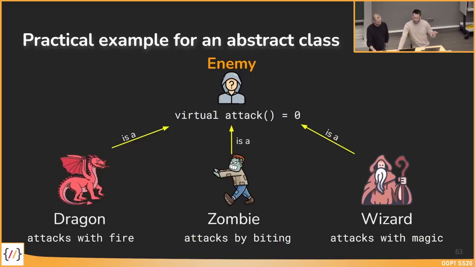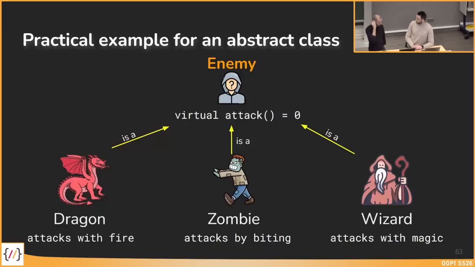So as you can see, we now have a base class enemy that has a pure virtual method, so there can't be objects just of the type enemy, but we can have dragons, zombies, and wizards, all with specific types of attacks. So this is a nice example of why we would want to have abstract classes.